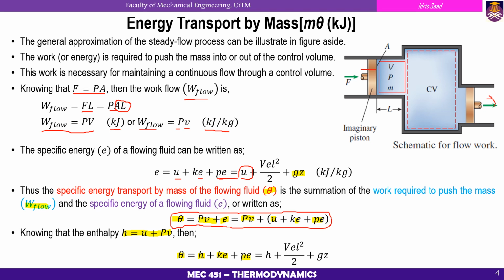Or we can write it as h plus velocity to the power of 2 divided by 2 plus gz. Basically, this is what we call the energy transport by mass flow.